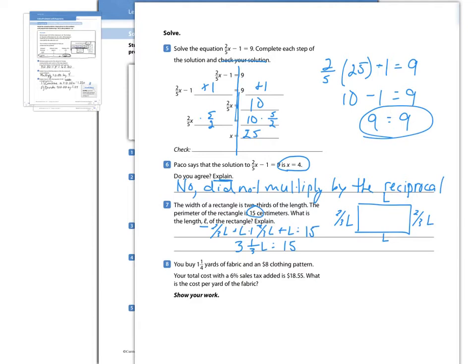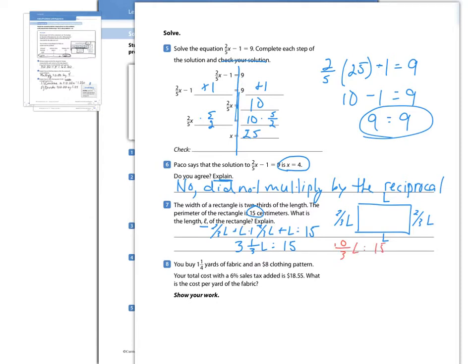And I got 3 and 1/3 by combining like terms. 2/3 plus 2/3 plus L plus L. Next step I would do is change that mixed number to an improper fraction. 3 times 3 is 9, plus 1 more is 10. So we'd have, and I'm going to change colors here, folks, 10/3 L equal to 15.